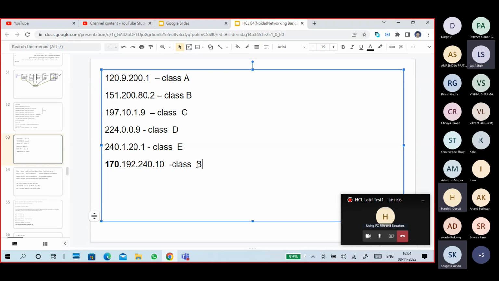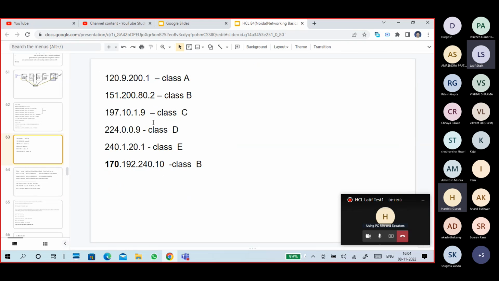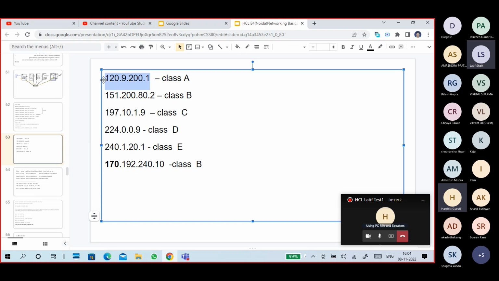Great. So first of all, when you see an IP address, check all the octets. If any octet is more than 255, it is invalid.